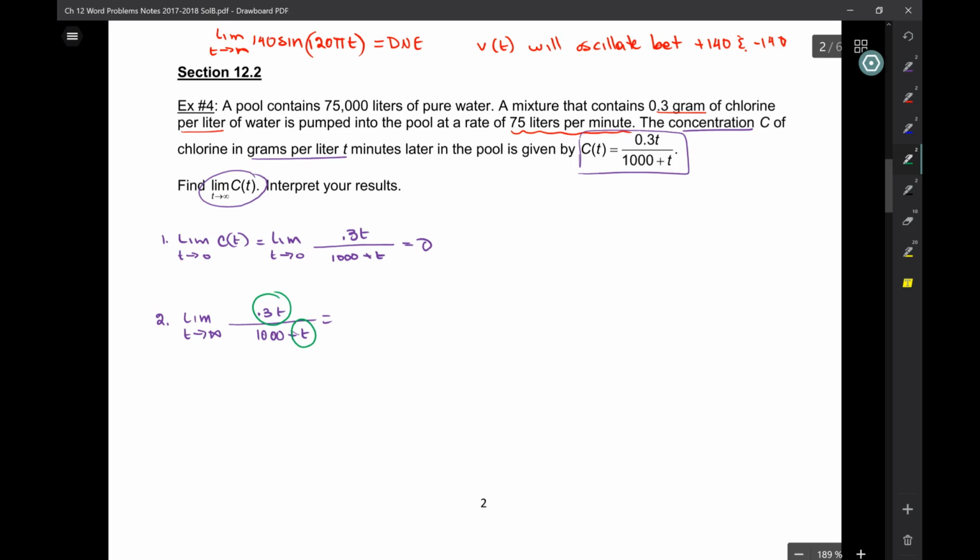So this and this, and it'll be the ratio of the coefficients. So it'll be 0.3 over 1, so it's going to be 0.3.